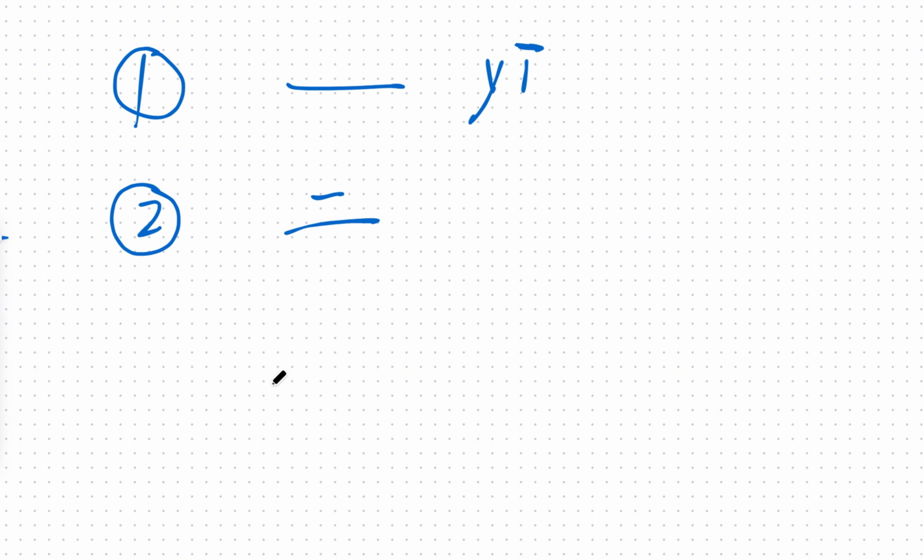Pronounced èr. So you can see here, when a character has different levels, different structures, then the writing order goes from top to bottom.